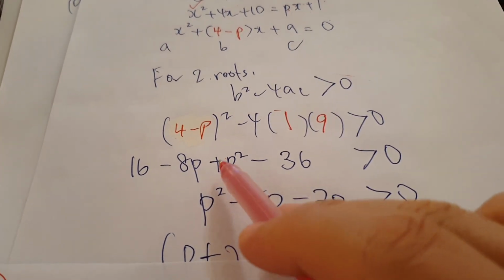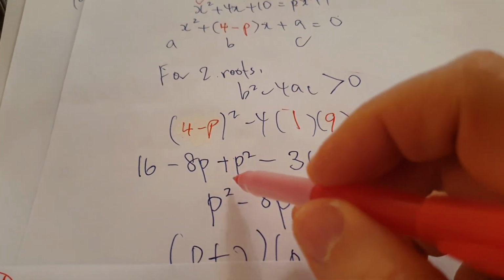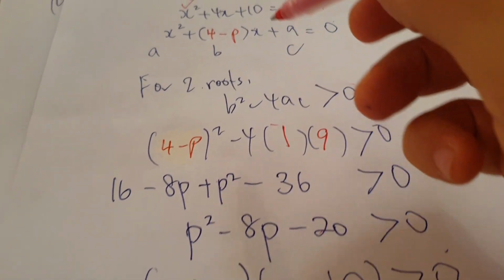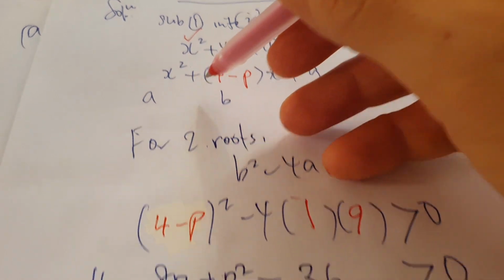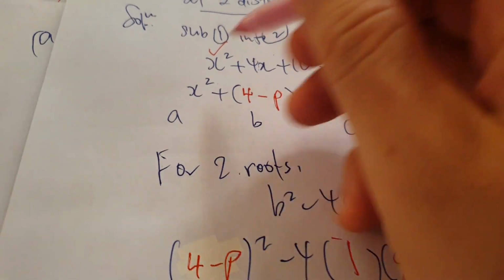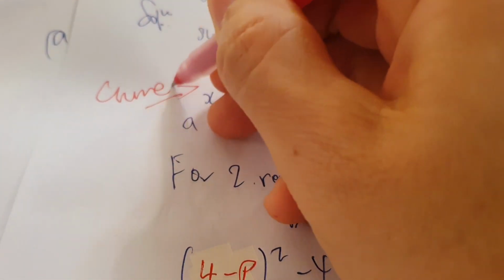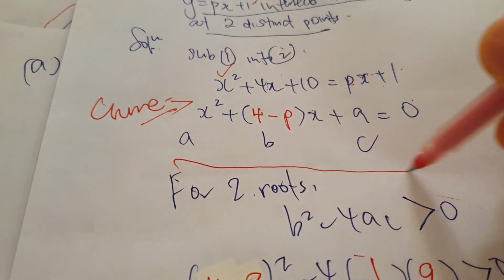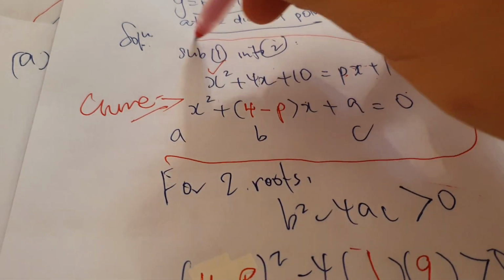And then again, you write in the form ax squared plus bx plus c. Now some of you may be confused. Hey, how come here got ax squared plus bx plus c? No, what's that? Because this is for the curve. This quadratic equation is that of a curve. So this is one part.